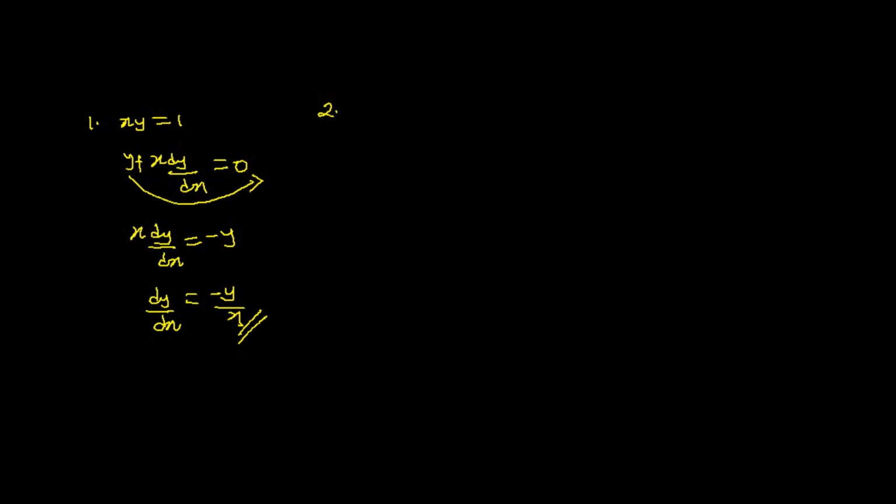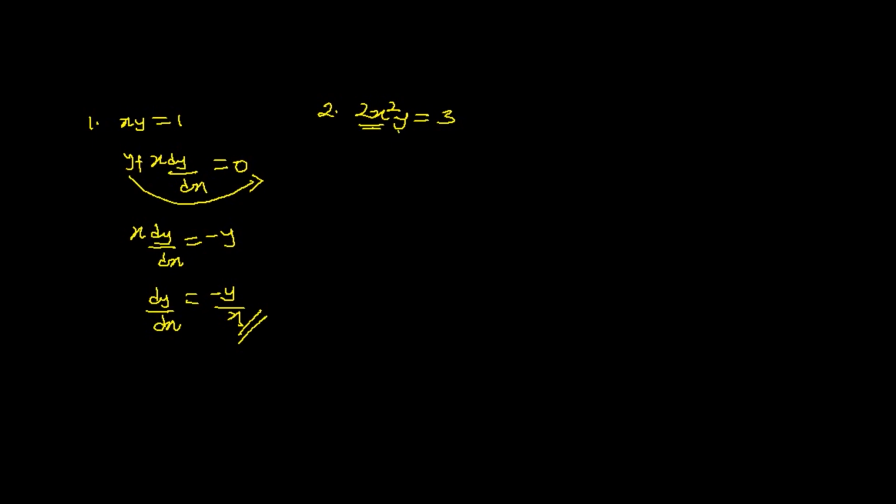Let's look at the second example where you have 2x squared y equal to 3. What we are going to do here is differentiate this, keep this, and differentiate this, keep this. So let's differentiate this first.